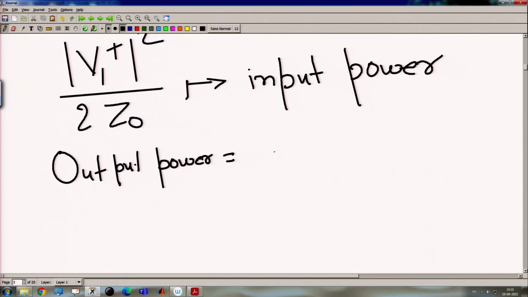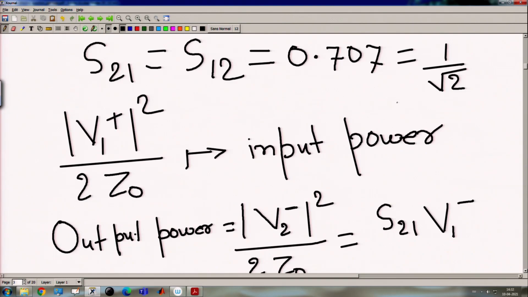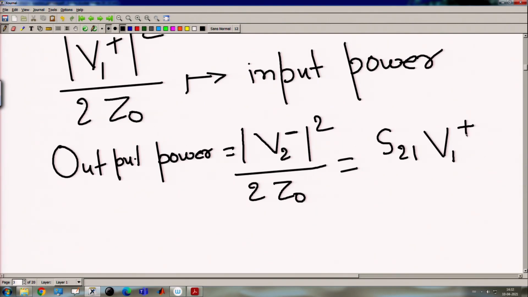Output power equals V2 minus whole square divided by 2 Z naught. So V2 minus will be S21 into V1 plus, whole square divided by 2 Z naught.